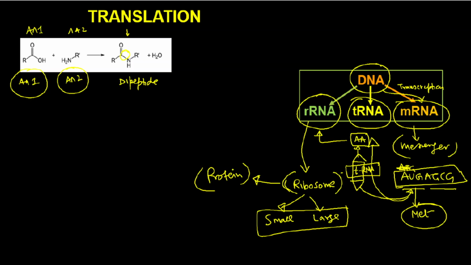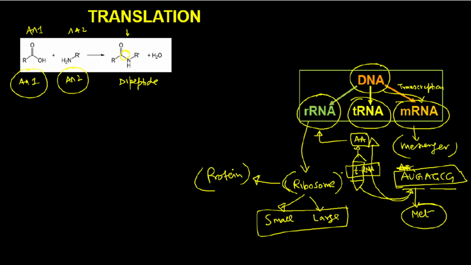And mRNA is that RNA which has the information, the codes, which will tell us in what sequence the amino acids should be added so that the desired protein is formed. So that is how all of these RNAs are involved in translation, and that is how they are important.